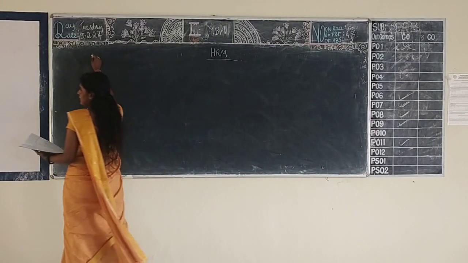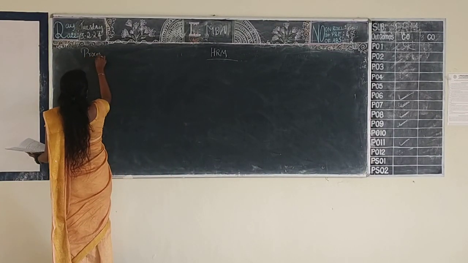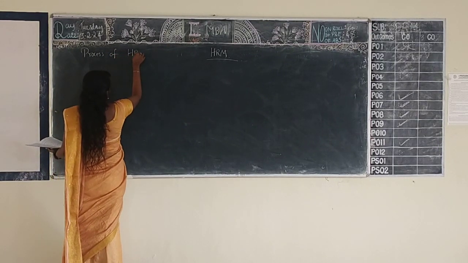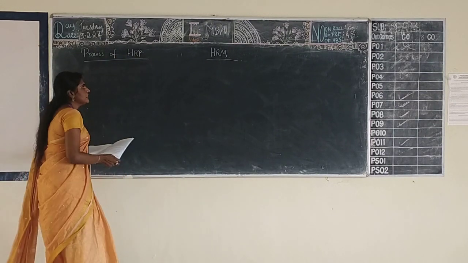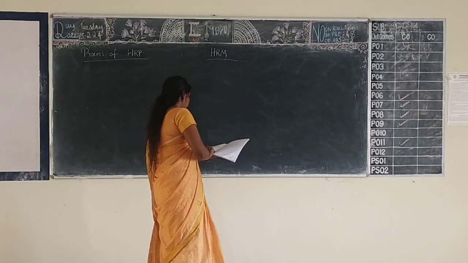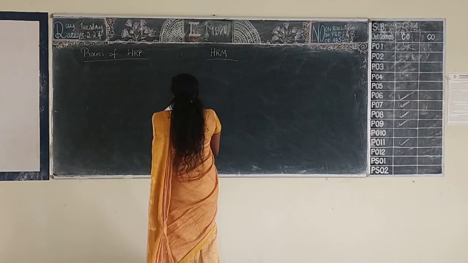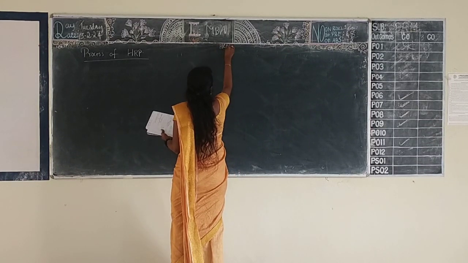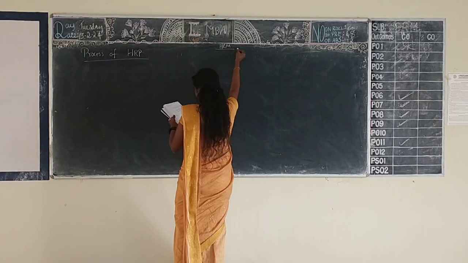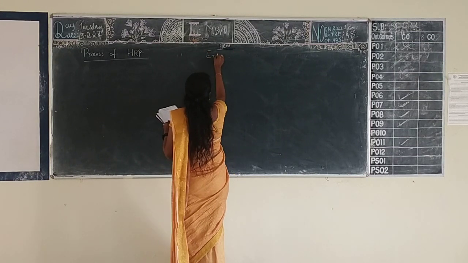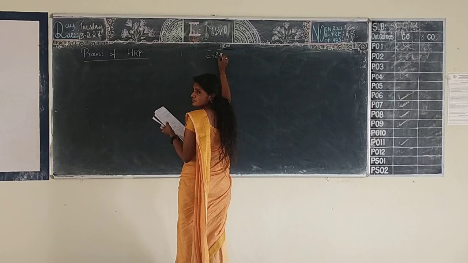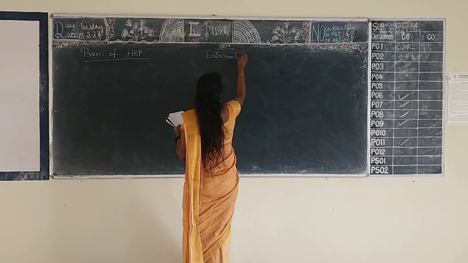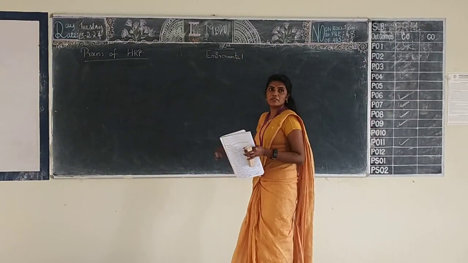The heading is the process of HR planning. Draw this diagram. The first one is environmental scanning.